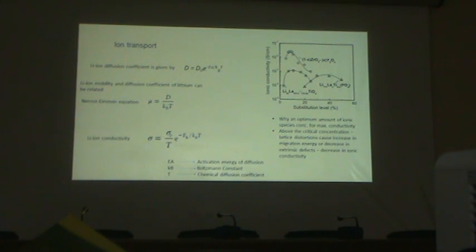So small changes in the structure will produce certain distortions in the polyhedra, which will basically push up the activation energy. So that will cause a decrease in ionic conductivity if you dope beyond that critical concentration.